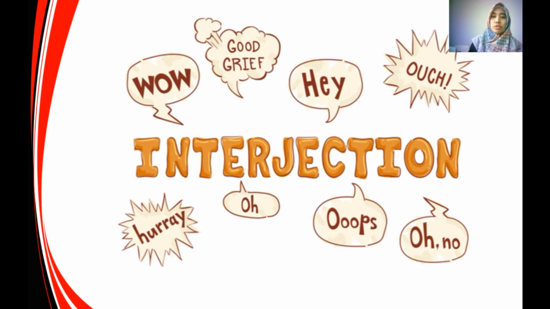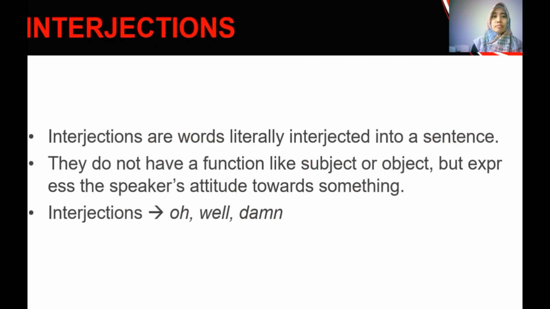Next one is about interjections. So right, from this picture, probably you have got an idea of what an interjection is, right? So interjections are words literally interjected. Interjected is like abruptly produced into a sentence. Usually they do not have a function like subject or object, but they express the speaker's attitude or the speaker's emotion towards something.